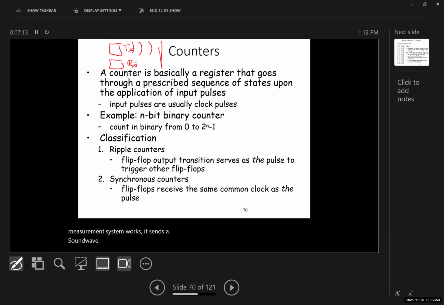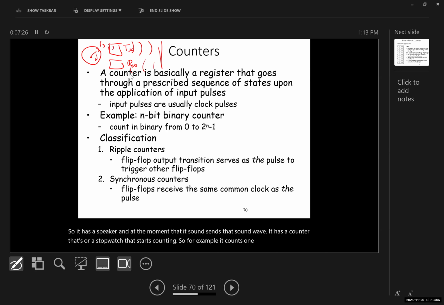So it has a speaker, and at the moment it sends that sound wave, it has a counter or a stopwatch that starts counting. So for example, it counts 1 second, 2 seconds, and then the wave goes and comes back. The speed of sound is 330 meters per second. So if it takes 2 seconds to go back and forth, it has traveled 660 meters.